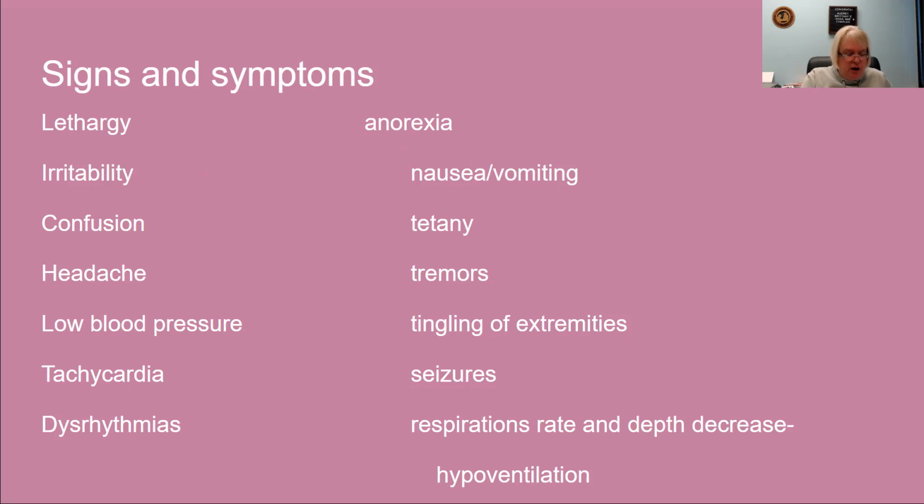Again, if you know it's from the GI loss and urine loss and the intake of sodium bicarb, you can readily think of these symptoms if you follow the trail of the pathophysiology.